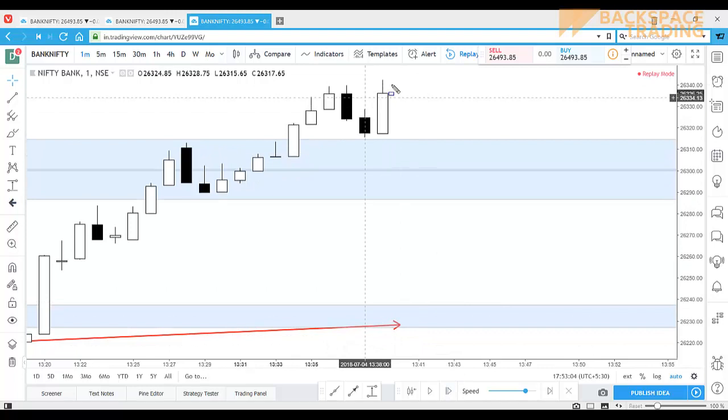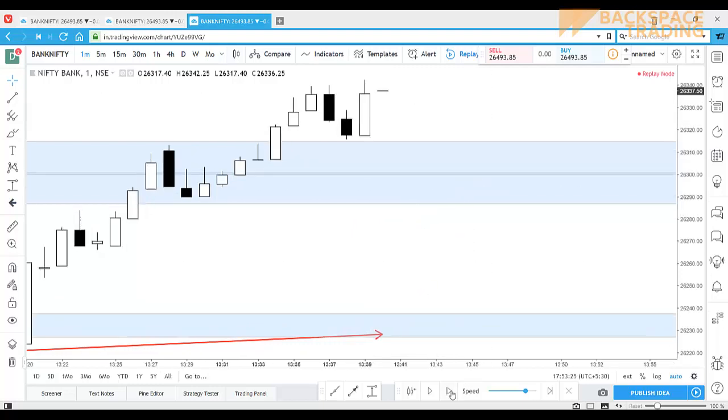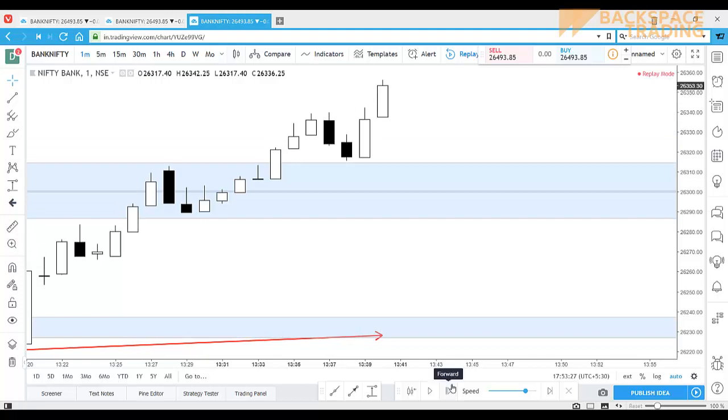This is a good candle to enter, I guess, because this is your high and low. It closed above and it is a high close bull candle. You can take the trade over here, your stop loss being this. Got it? You can take it. Let's see what happens. There you go, you are in profit.